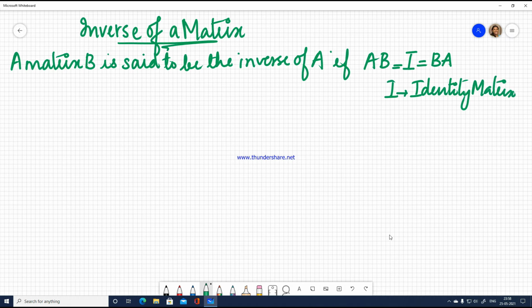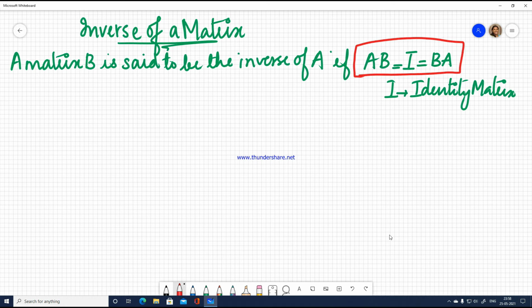So a matrix B is said to be the inverse of A if this satisfies the equation A into B is equal to I. That should also be equal to B into A.